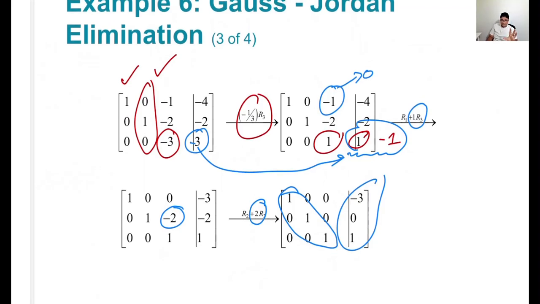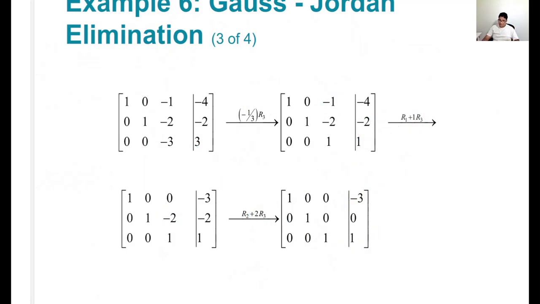Before being done with this lecture slide, I will talk about something important here. Yes, which is this. Let me clear out the page. Notice that when you are manipulating the third column, you use the third row to send this also to 0 and that also to 0. For both of them, you use the R3. Observe that.